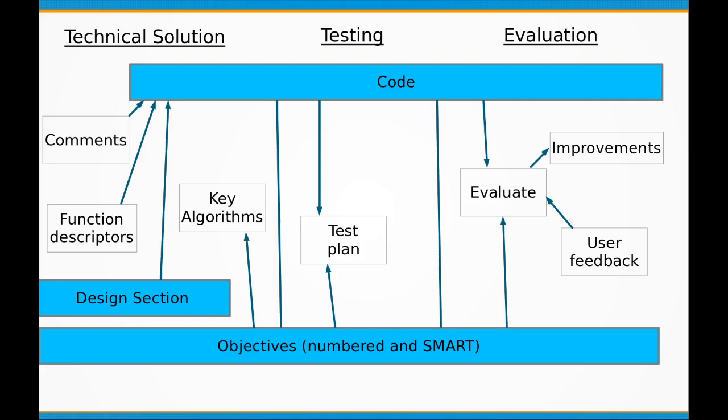If you're sort of doing a Reddit survey for your initial user interaction, maybe put your program on the web somewhere or ask for some volunteers and say, hey, can you run my program and see what you think? So your user feedback, the objectives, and the program should all go into your evaluation.